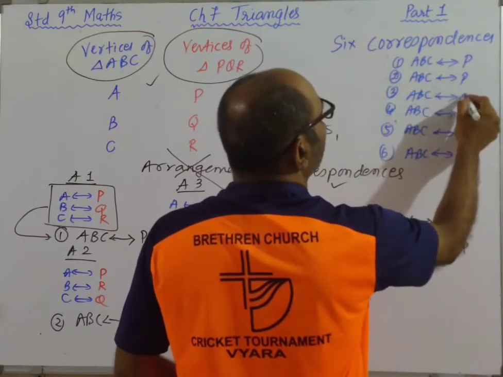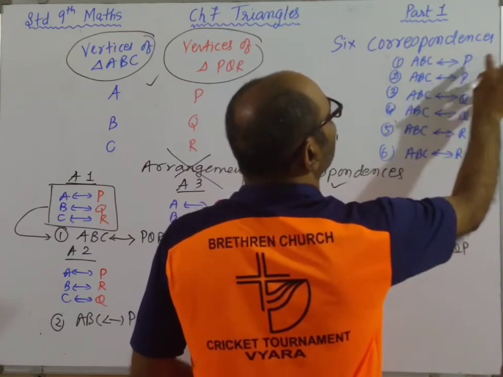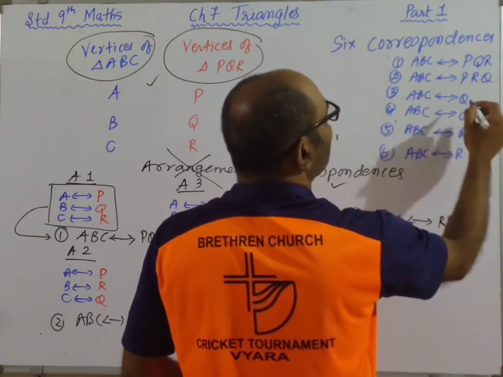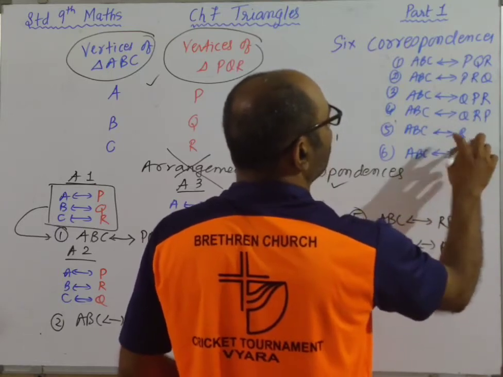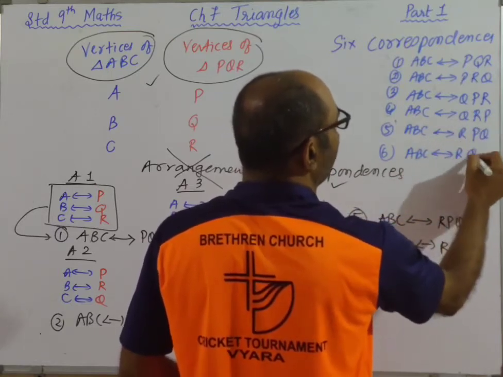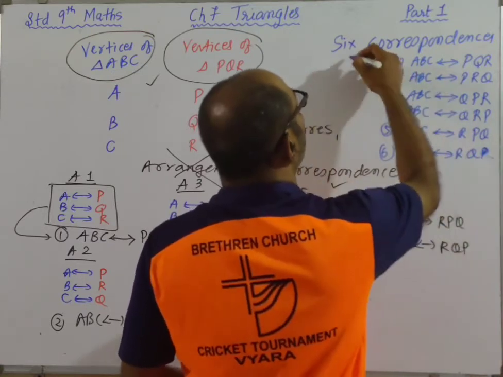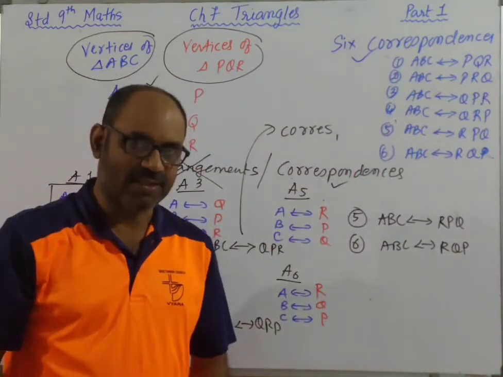P, P 2 बार लिख दो, Q, Q 2 बार लिख दो, R, R 2 बार लिख दो. अभी बचे Q और R, so Q, R और RQ. Q आ गया, बचे P और R, so P, R and RP. R आ गया, PQ बचा है, so PQ and QP. Children, these are called correspondences between the vertices of 2 triangles.